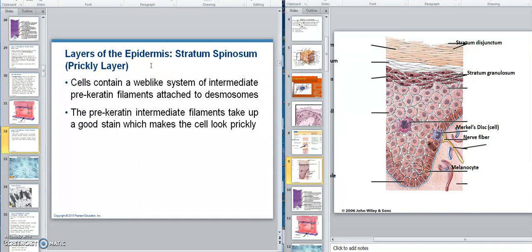Why? Because even though the cells are really more of a square cell, when you stain them, you're staining the keratin intermediate filaments. Where are the keratin intermediate filaments? At the corners.